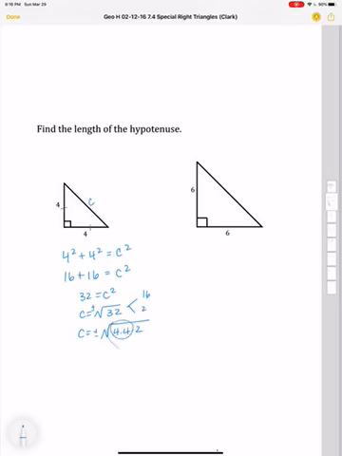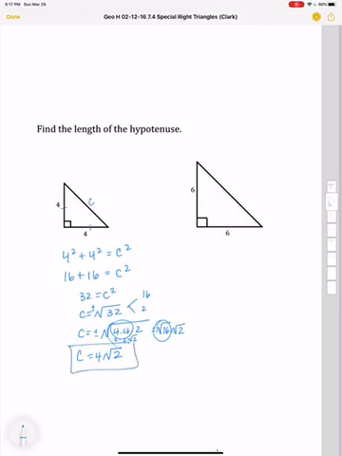And so the square root of 16 is 4, so it's 4 root 2. You could also have written it as the square root of 4 is 2, the square root of 4 is 2, root 2, so 4 root 2. So that is c.